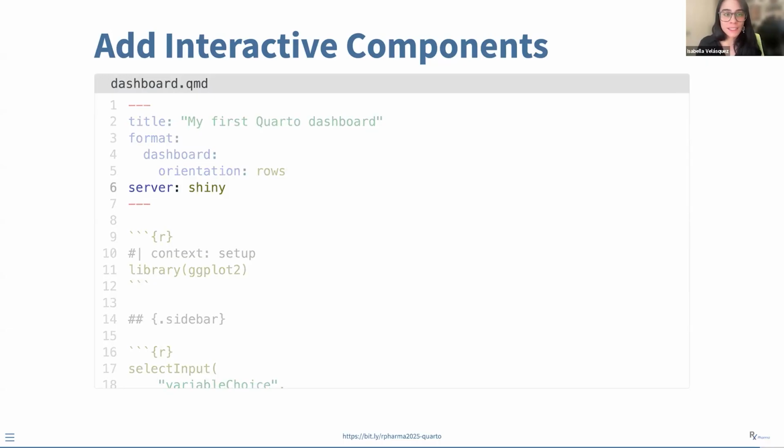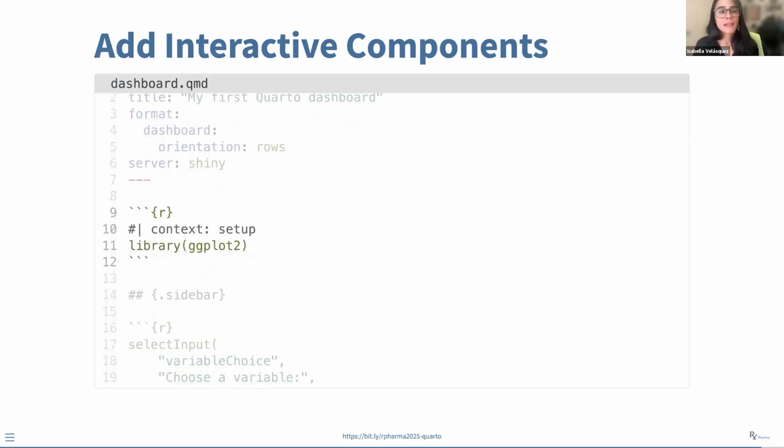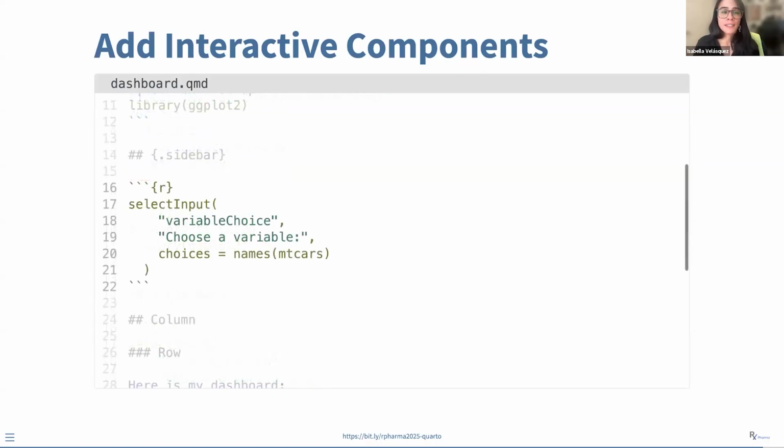So the first thing is within the YAML heading, I have to specify server: shiny. I also have to add this context setup chunk. If you have used Shiny before, this syntax will look familiar. If you have not seen it before, this is kind of what it looks like.